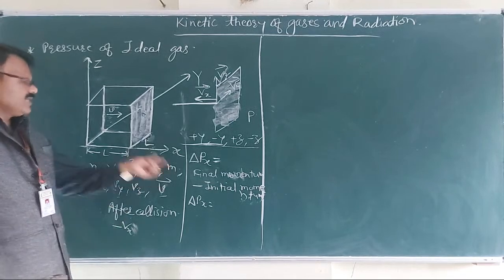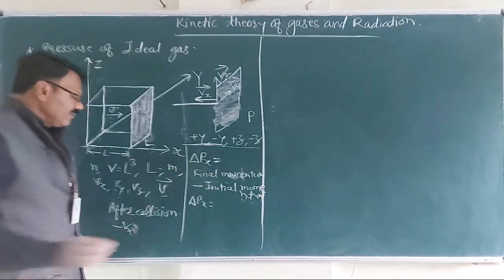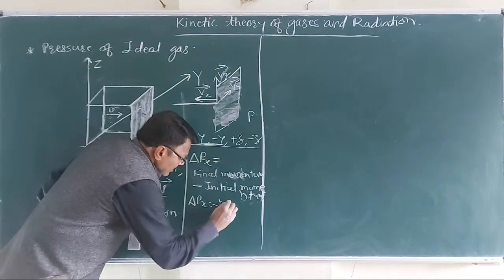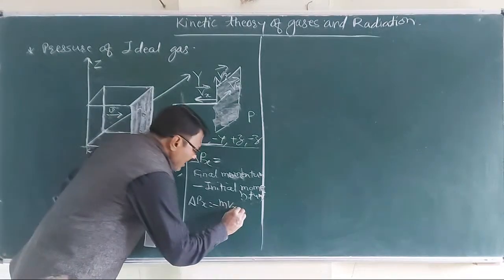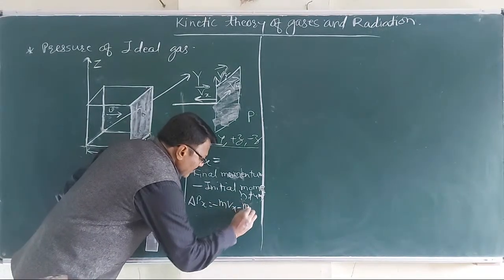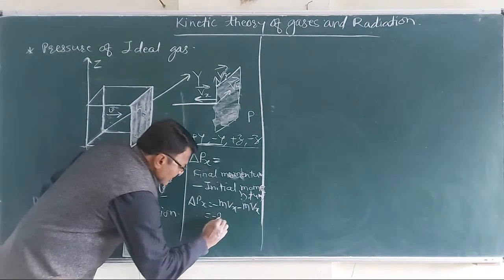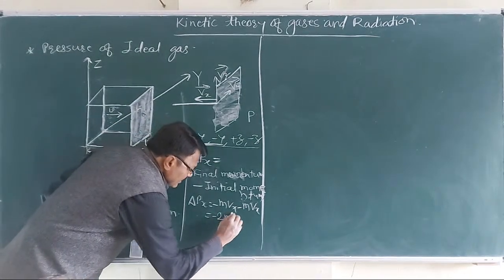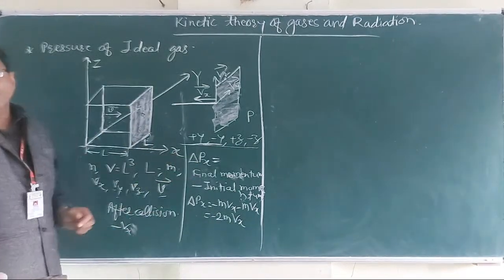But the mass of the molecule is the same. Therefore we can write final momentum as minus m into vx, and minus initial momentum, m into vx, we get minus twice m into vx.